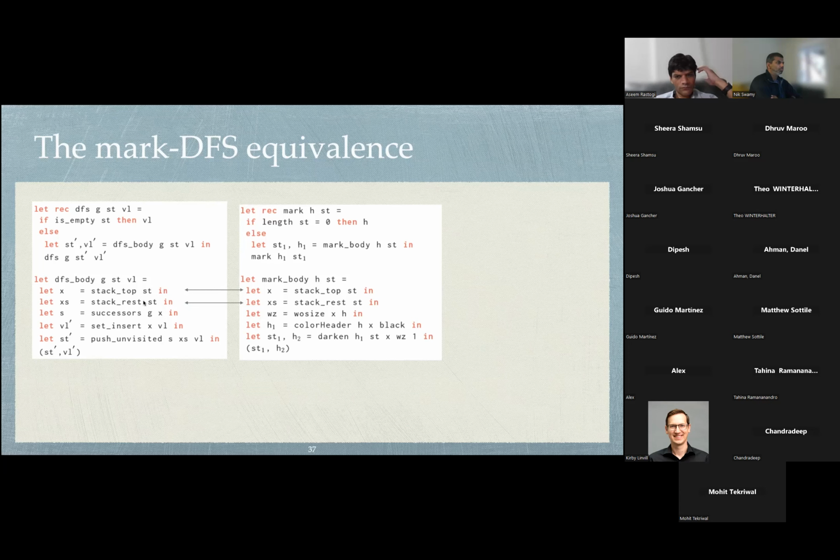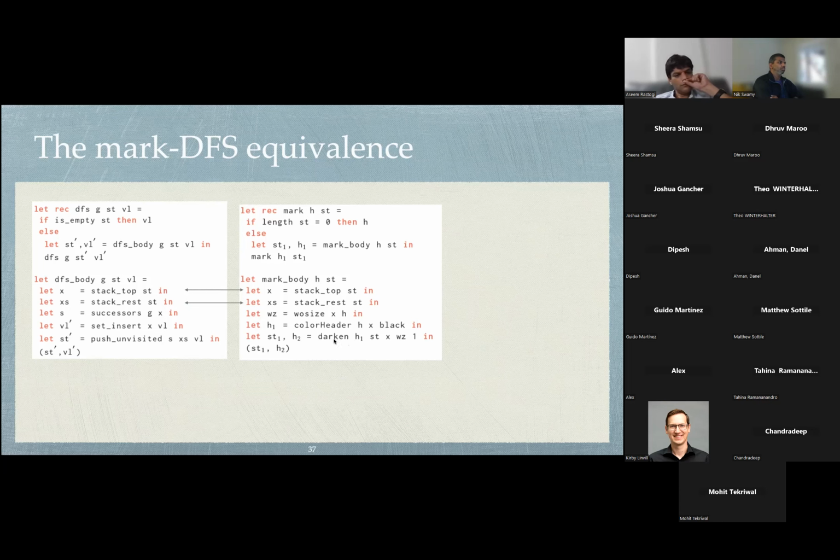X is popped from the stack in both, and the rest of the stack is the same. Now the successors of X will be found out, and X is inserted into the visited set. X being inserted into the visited set is equivalent to saying X is colored black in H1. And now the unvisited successors of X are pushed into the stack.